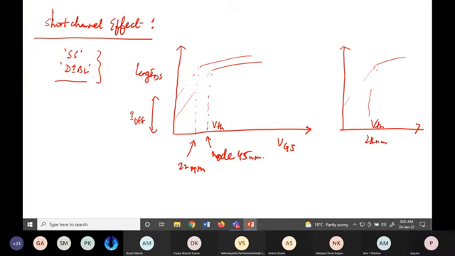So this is my 22 nanometer process VTH, but because of the DIBL, what will DIBL do? You remember, this is my band diagram. So if we increase VDS, then this slope is going to decrease, right?